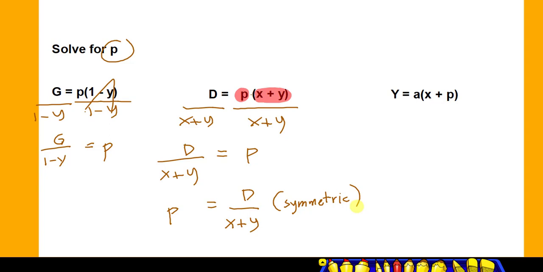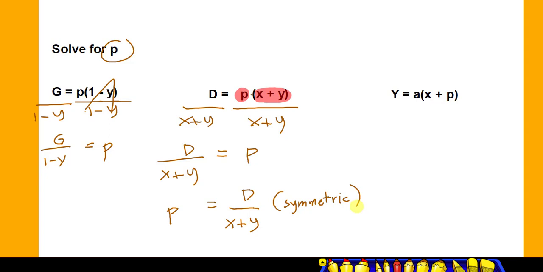Now look at the third example. If you could just stop what you're doing right now and look at the third example. Look at the p. P is not on the outside. P is inside the parentheses.